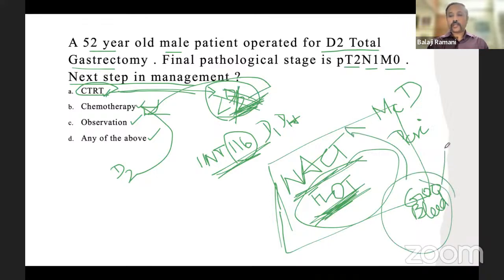If these two are present, then the patient will go in for a primary surgery. So that is how the treatment will be done. On the other hand, if they do not have bleeding and there is no gastric outlet obstruction, then the treatment is by neoadjuvant chemotherapy and FLOT.